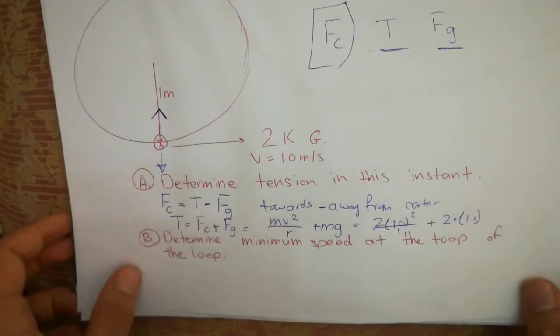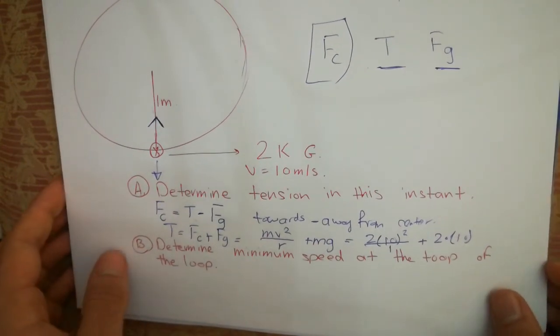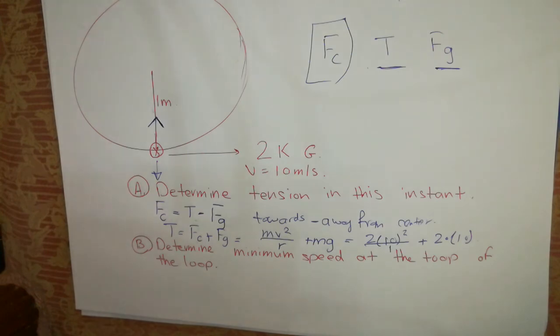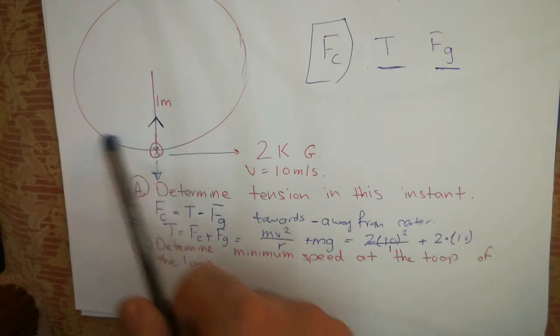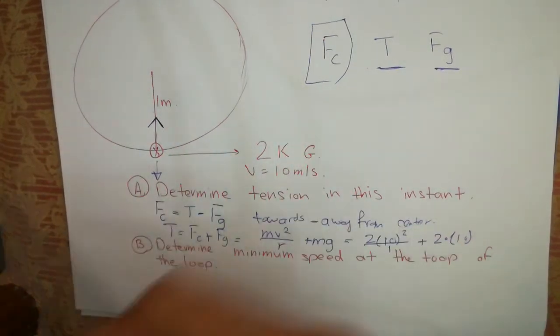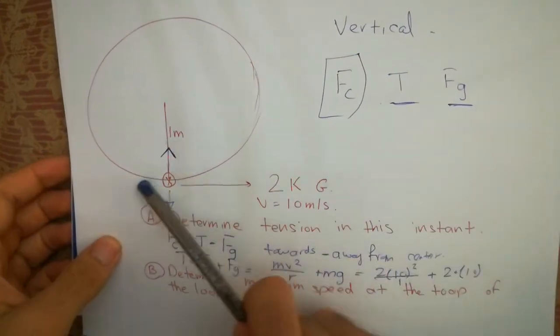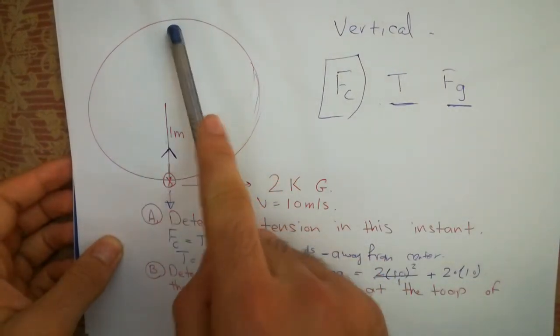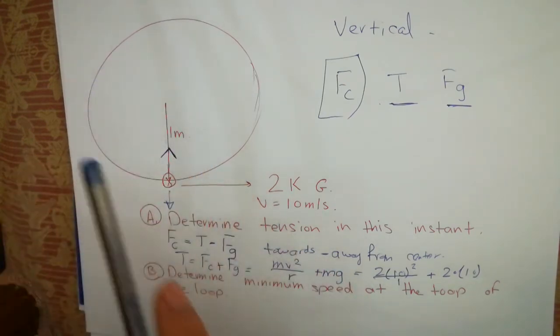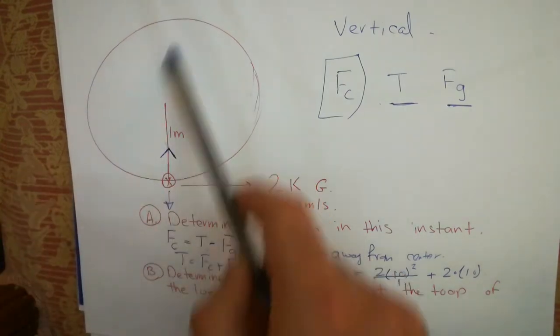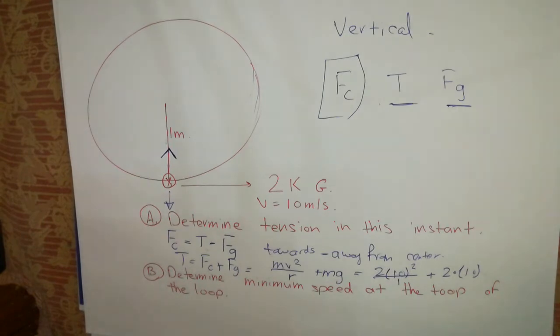The second requirement of this problem is the hardest. Determine the minimum speed at the top of the loop. So the loop, this object is going to rotate in this fashion and in this direction. So at what speed must we achieve so that it does not fall, so that the loop is continuing?